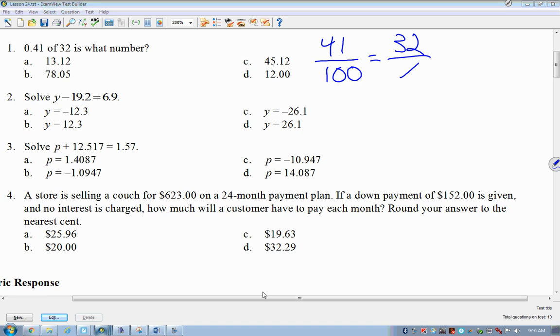Okay. So you're looking at that right there. So you're taking, what is that? That's going to be 3,200 divided by 41. What do you get there? Isn't 32 on the bottom? Yeah, I would say so.